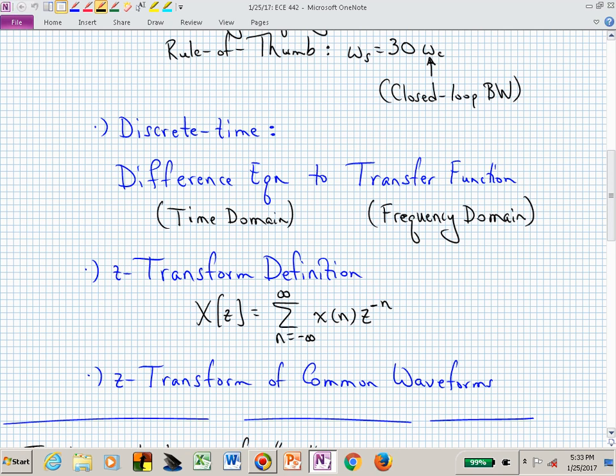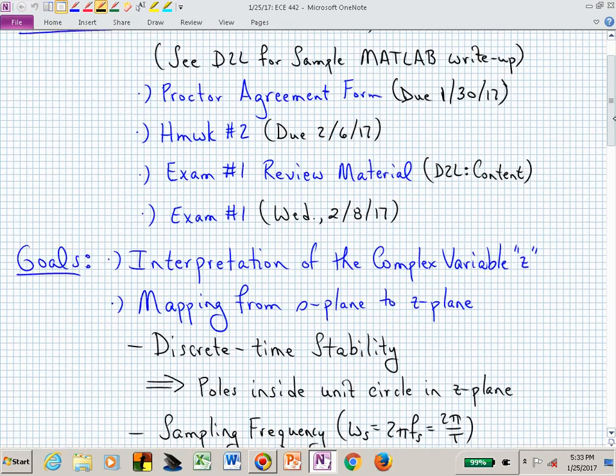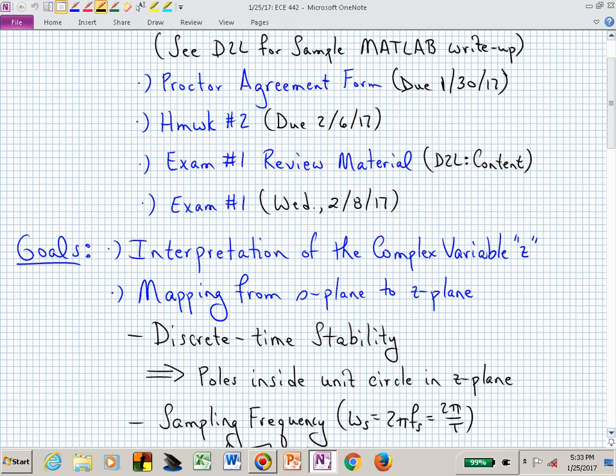That will be similar to what the impulse response, the unit step, an exponential waveform, a sinusoid, and an exponentially damped sinusoid looked like in continuous time. We'll do those same kinds of waveforms in discrete time and see what their Z transforms look like. We need to be able to do that for exam number 1.